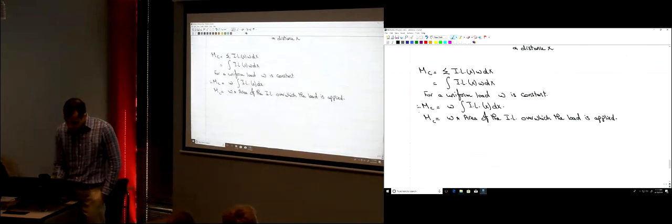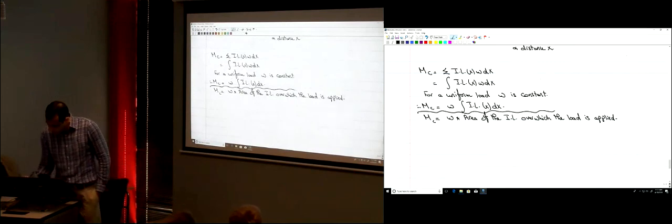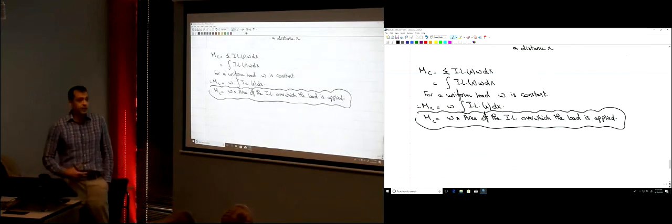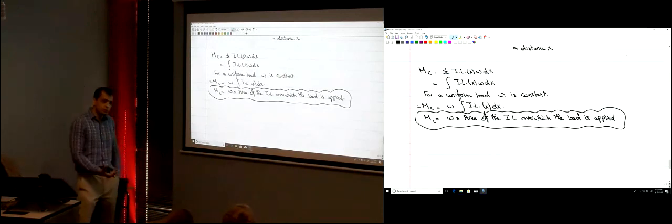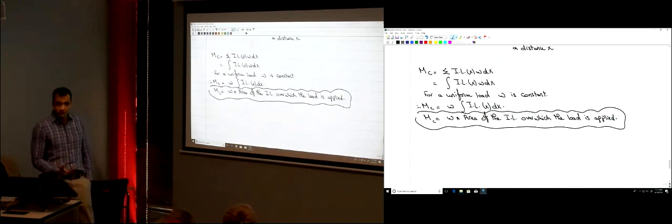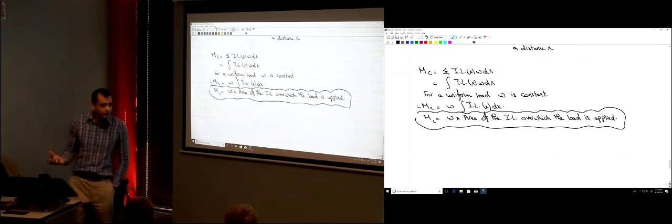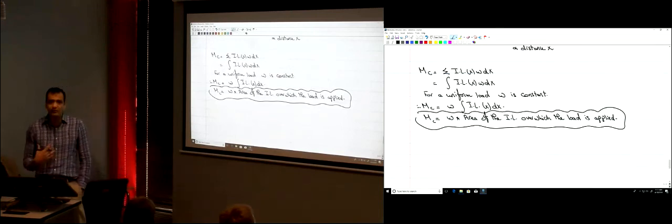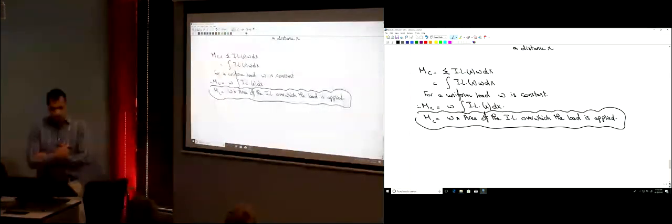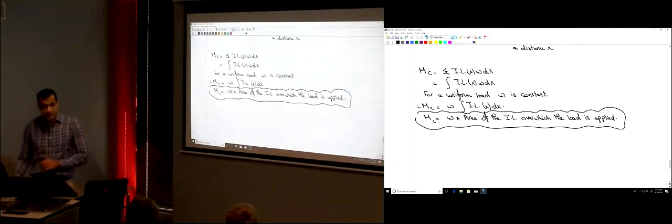That is a very, very important rule. This is how you use the influence line to find the function if you have a uniform load. Just multiply the magnitude of this uniform load W times the area of the influence line over which that W is applied. You would get MC, or the value of the function that you're looking for, for that given load. Any question?